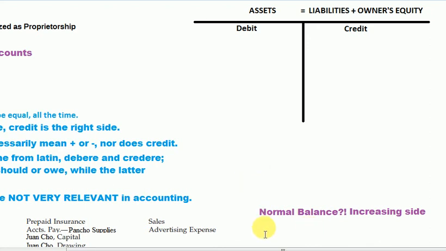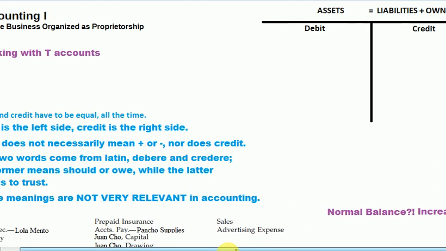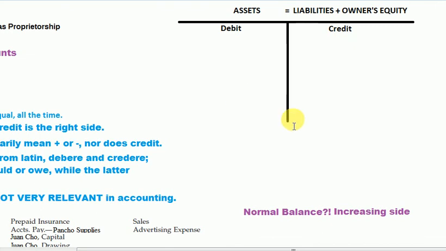Okay, so we need to know also how to use the T account. Before we get into the practical use of the T account, let's try to think more about the meaning of the accounting equation.